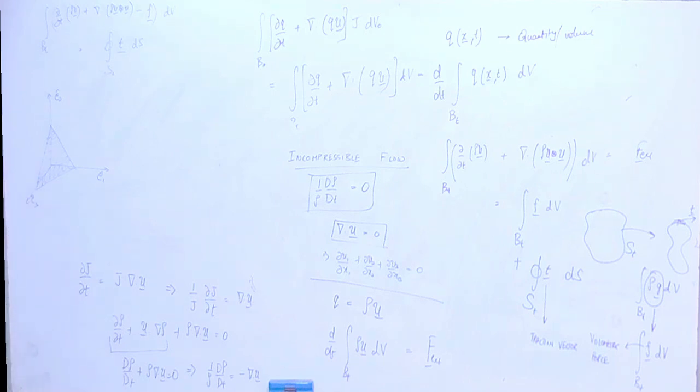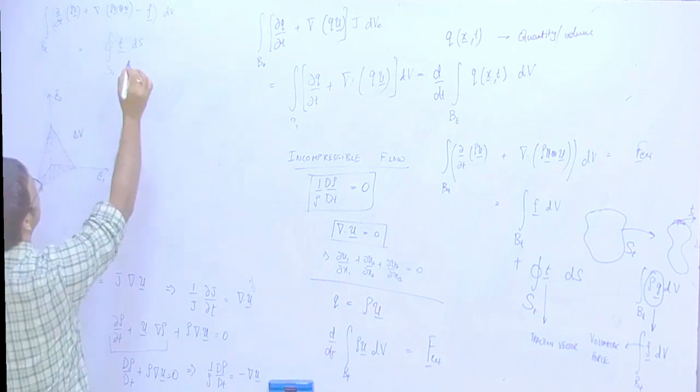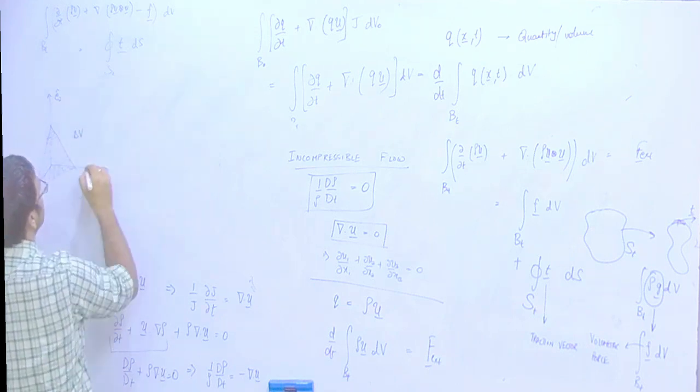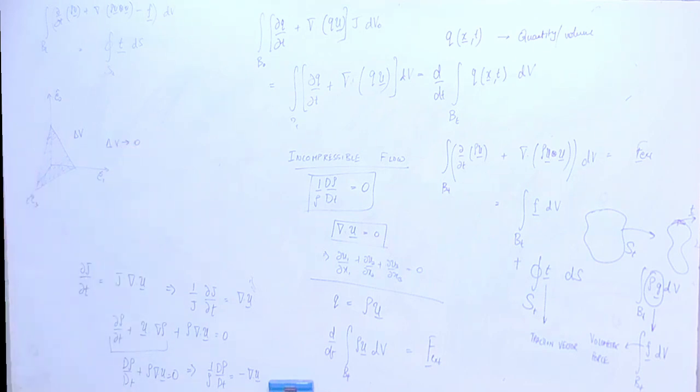Let us apply our momentum equation to this tetrahedral fluid element in the limit of its volume going to 0. Let us say it has a volume of delta V; we apply this equation in the limit delta V going to 0. What do we get?